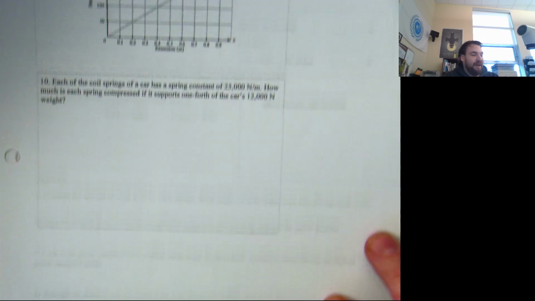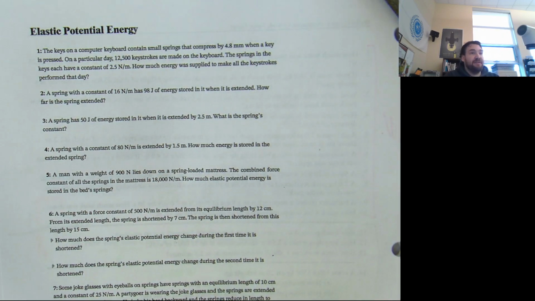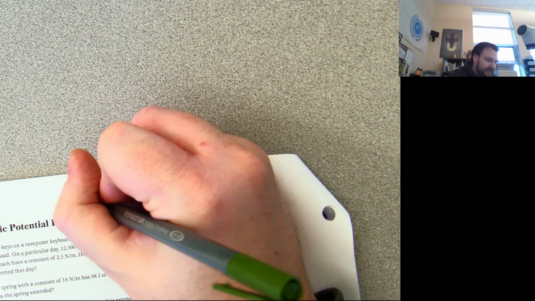And if you flip the page, there was a set of questions, because none of the homework I gave you had anything to do with springs from Friday. There are 10 questions here that are all about springs, exclusively springs, potential energy related to that. And there's a graphing one in there as well. So what I'd like you to do is take a look at these questions, numbers 1 to 10 as well.